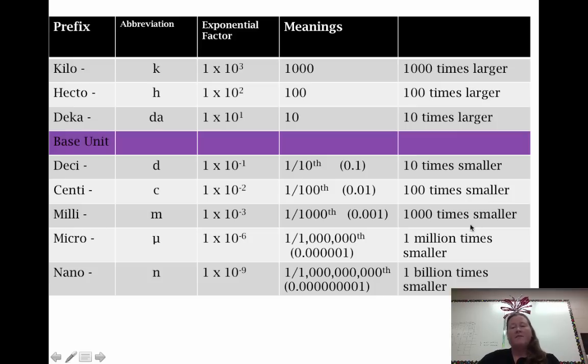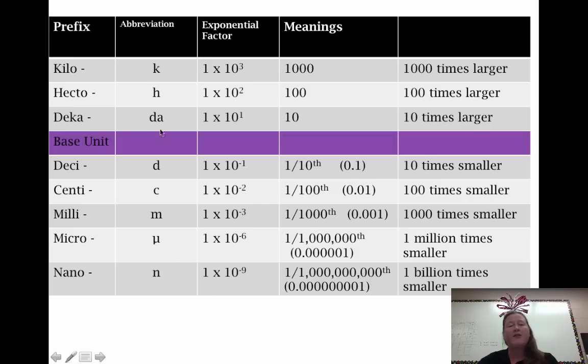So you can see in this chart the meanings, their numerical equivalents, and their exponential factors. And you will be responsible for knowing abbreviations, exponential factors, meanings, both in terms of a number, and also this concept of prefixes relating to things that are larger than the base unit and also smaller than the base unit.